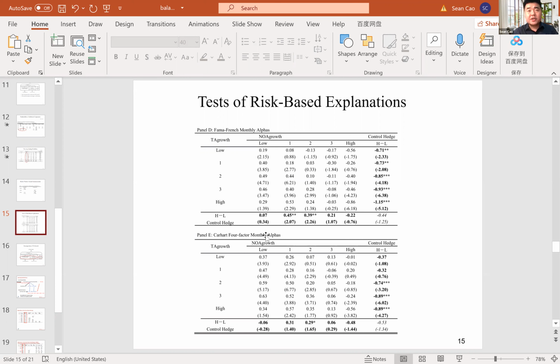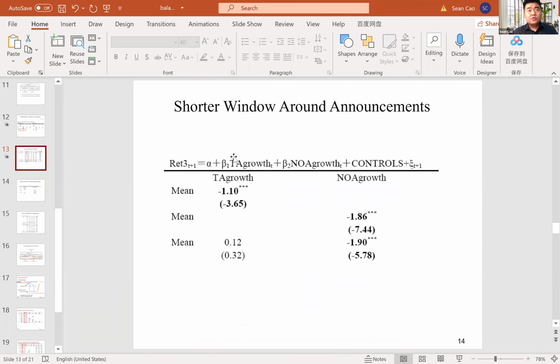So each cell here is the alpha, and then you can see the alpha is significantly low. This is something you need to do too. So you do a lot of risk adjusting. So this is a double sorting. I don't need to repeat double sorting one more time. So the only difference between here and over here is you do risk adjusted.